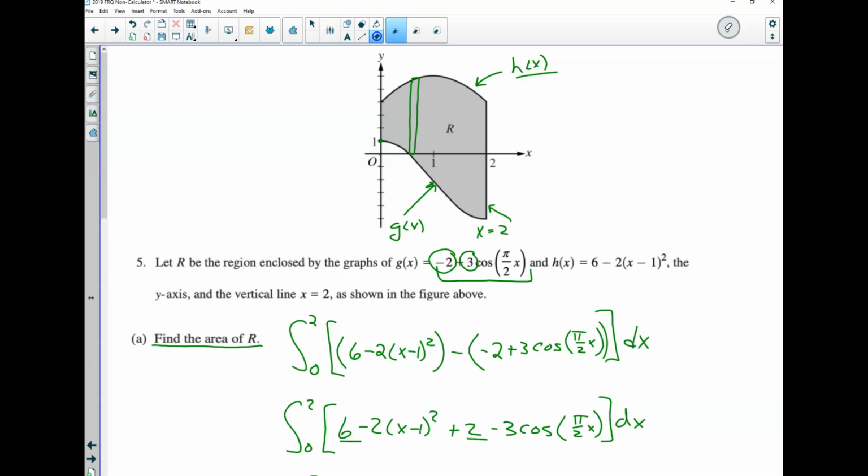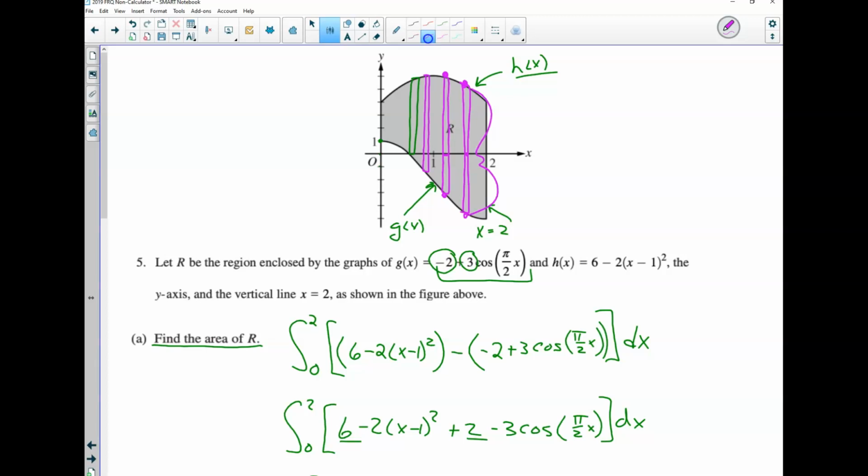But because this top curve is changing, every rectangle is changing. So the top and the bottom of every rectangle is changing. That's why it's a function height minus a function height times a little bit of thickness in my dx to find the area of that rectangle. Then the next one comes to my function height minus my function height to get the height times a wee bit of thickness in there.